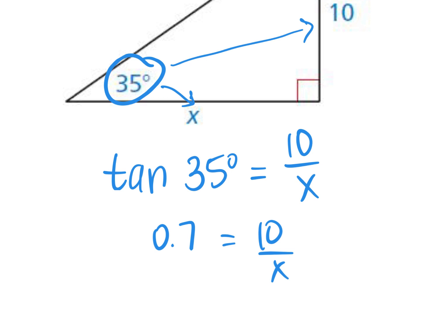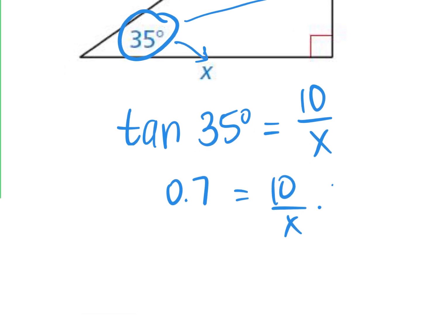What would you do now? Multiply by 10 on both sides? So if I multiply by 10 on both sides, 10 times 0.7 becomes 7. But remember, you have to multiply the 10 and the 10 because those are both numerators. So it'd be 100 over x. Oh, no. Those don't cancel out. Don't do that. Okay, so let's not do that. Divide by x over 10?